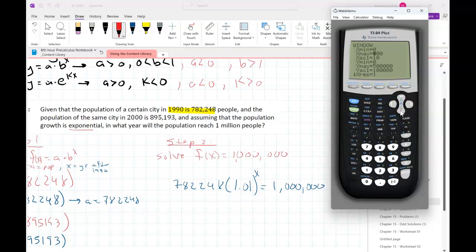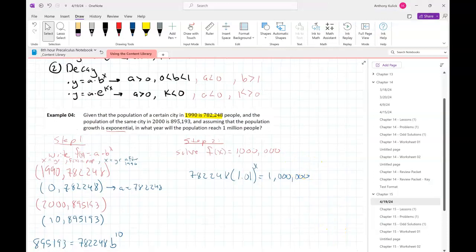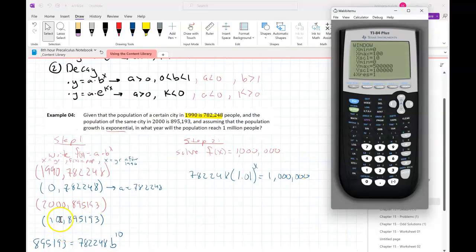Now, my X max, I know has to be bigger than at least what number? I know after 10, we're still not to 1,000,000, right? So I know X has to be at least bigger than 10. I'm just going to guess at 30. Sound okay to you guys?